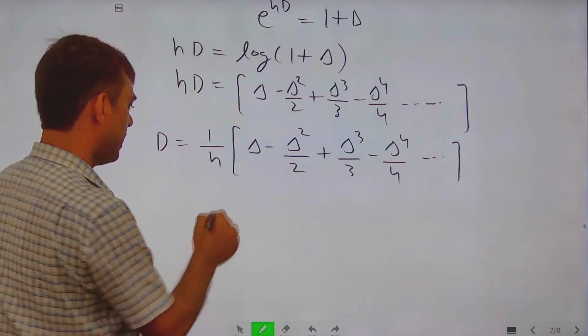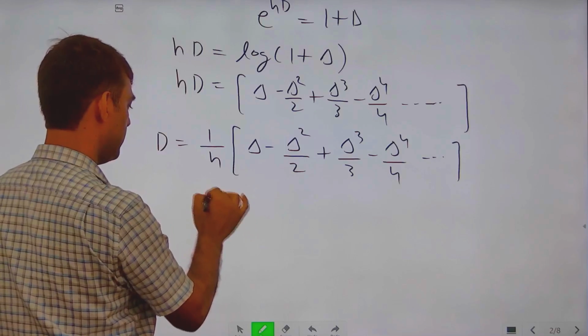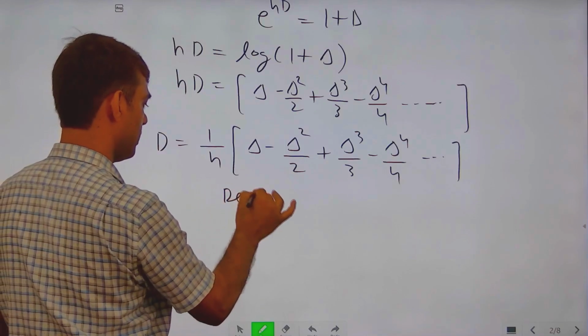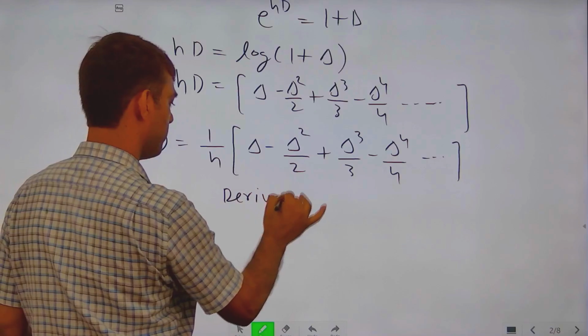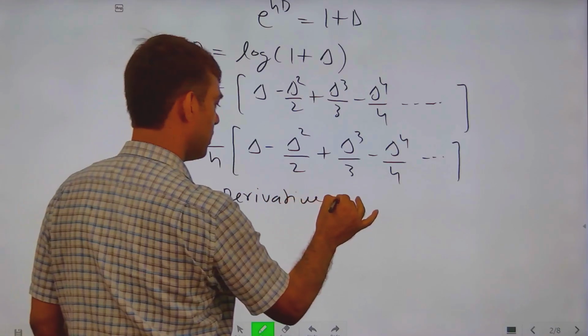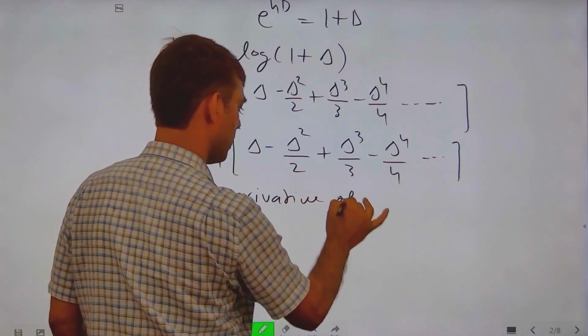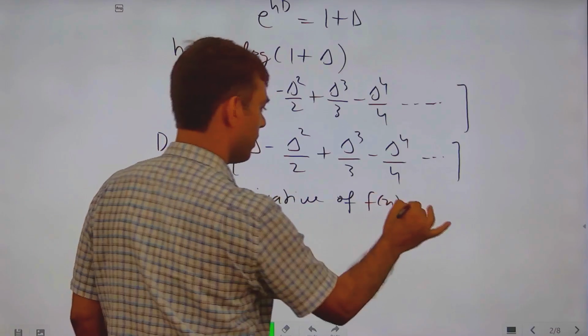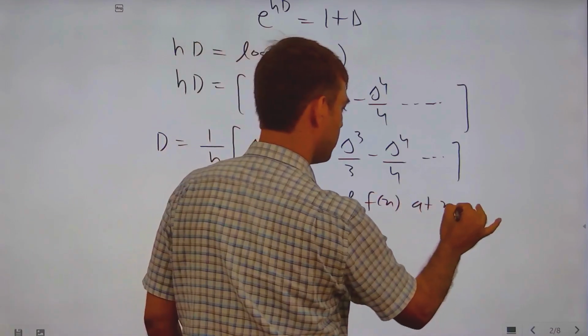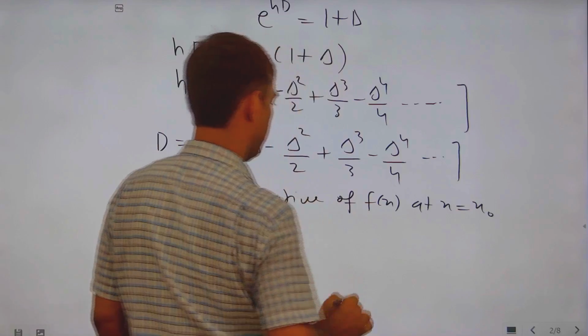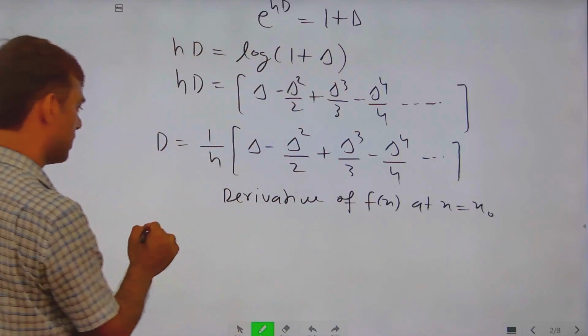So, if we find the derivative of f(x) at x equal x0, then what does this become?